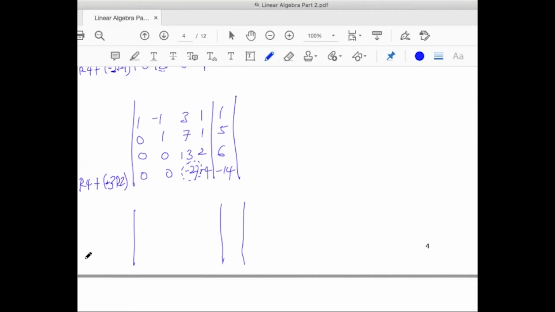To do that, we take row 4 and add row 3, but we need to multiply row 3 by 2. So that one will give us, and the rest of the rows we can just write back.